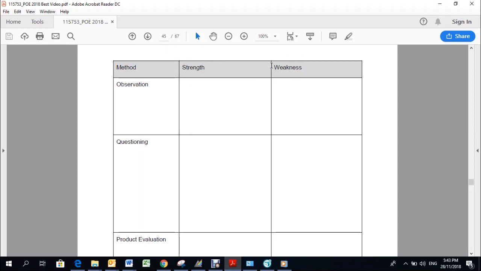2, questioning. Questioning is whereby a person comes in and you ask them questions to get information, as a form of assessment. Right. You'll find that it's the same as observation because it gives us direct evidence and you are able to face the person and get first-hand information.